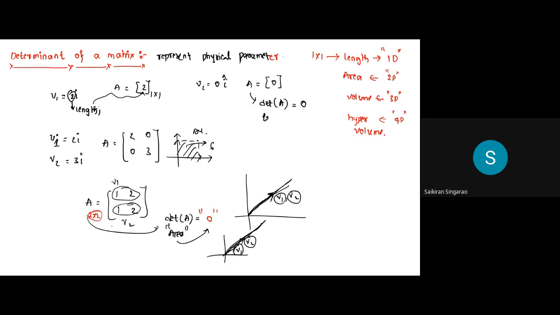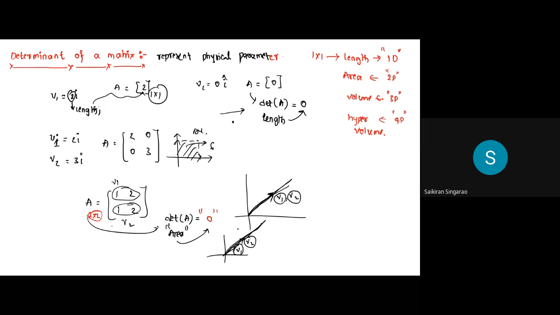That means what is 0 here? Its length is 0. That means when it is a 1 cross 1 matrix, if its determinant is 0, from line it has become a dot. If it's a 2 cross 2 matrix and its determinant is 0, from area it has become a line.